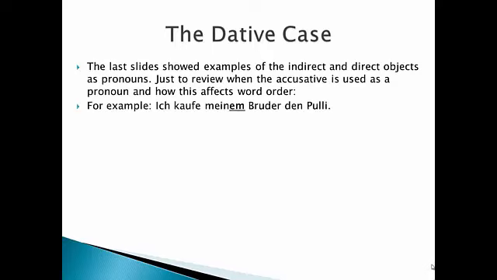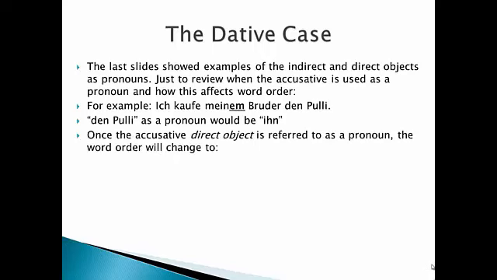Ich kaufe meinem Bruder den Pulli. Den Pulli as a pronoun would be ihn. Okay. Once the accusative direct object is referred to as a pronoun, the word order will change. Ich kaufe ihn meinem Bruder.